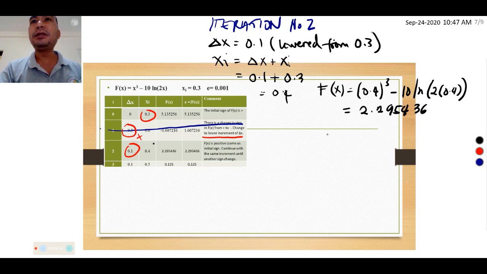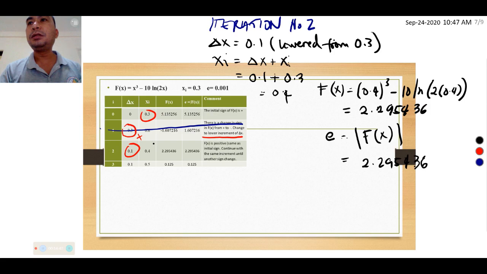And of course, the error is just the absolute value of the function of x, so that is equal to 2.2954336. So take note that the sign here is positive.